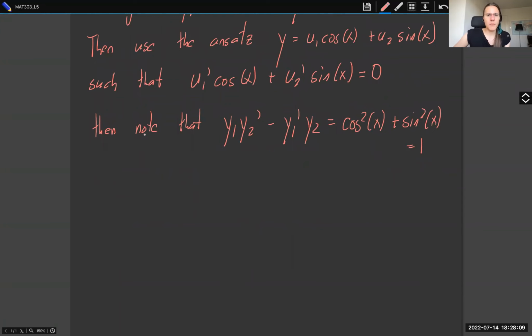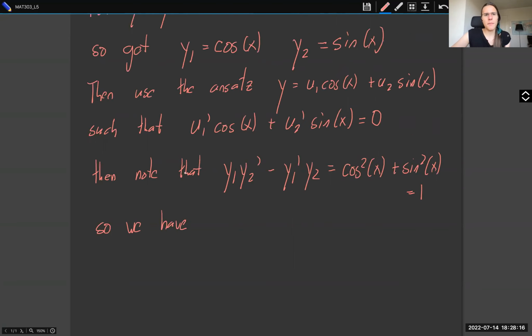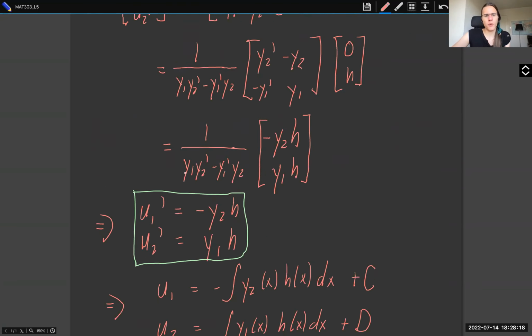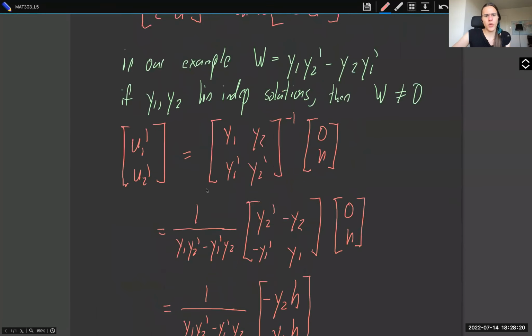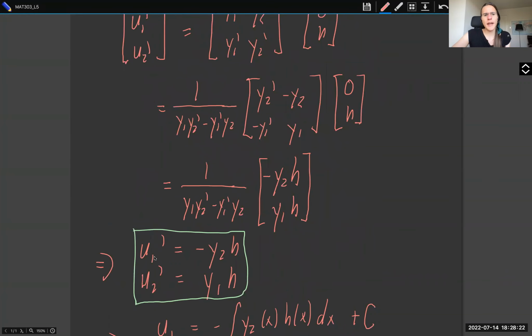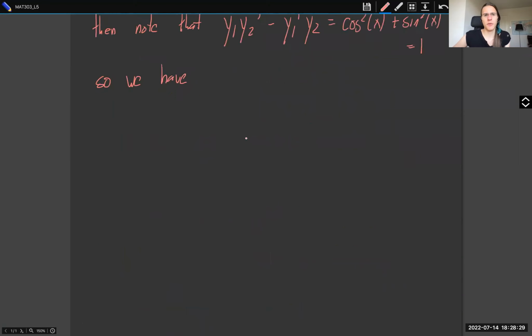Right. So now we recall what the formulas are. u1 prime is negative y2 h and u2 prime is y1 h. That's what we remember.